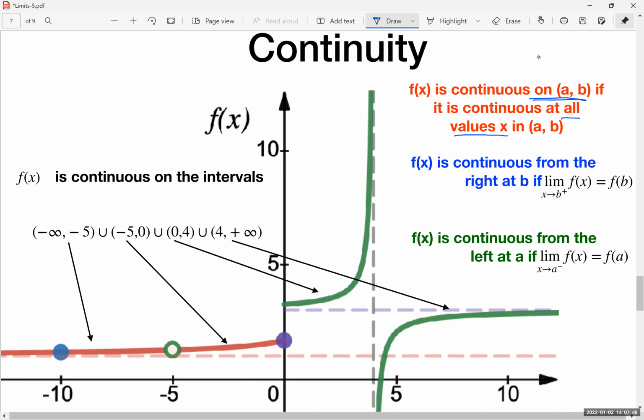And if you are asked to determine the open intervals where the function is continuous, you can use the discontinuities that you found earlier in order to determine the intervals on which the function is continuous. So remember, there are three discontinuities.